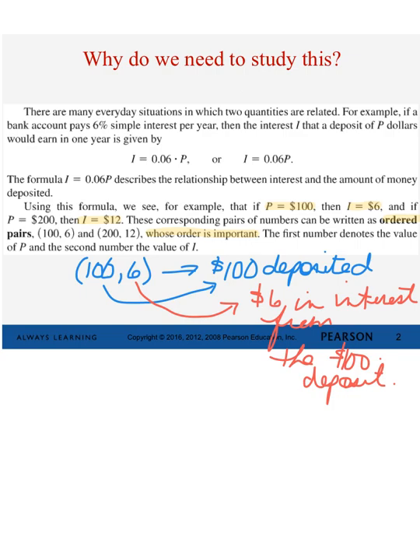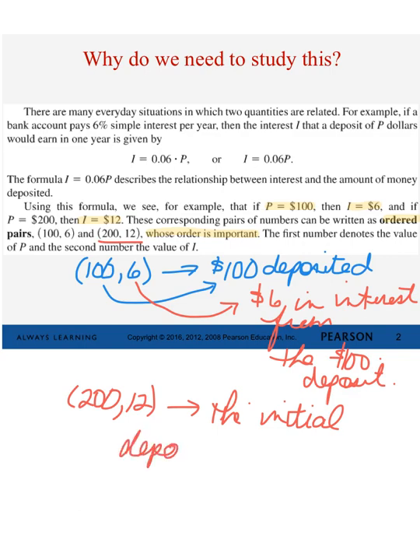And of course we saw that when we look at (200, 12), the other ordered pair, that tells us the initial deposit of $200 earned $12 in interest.